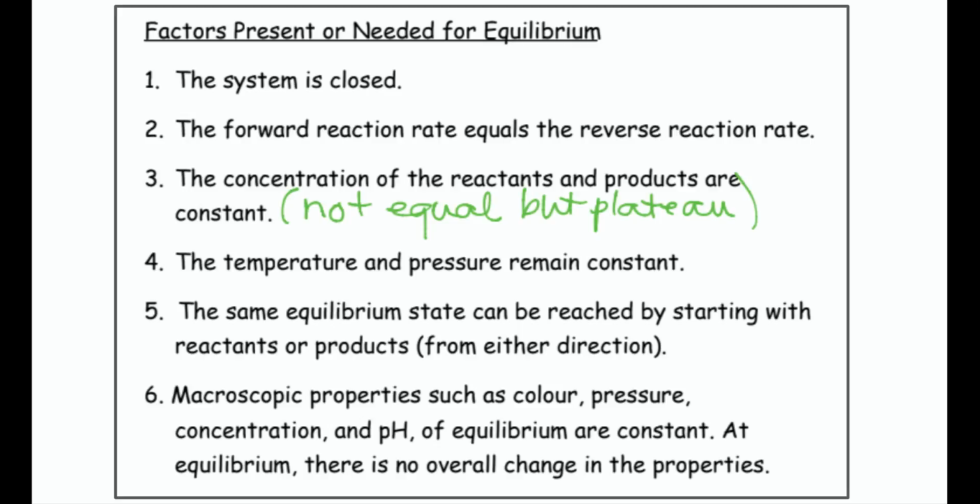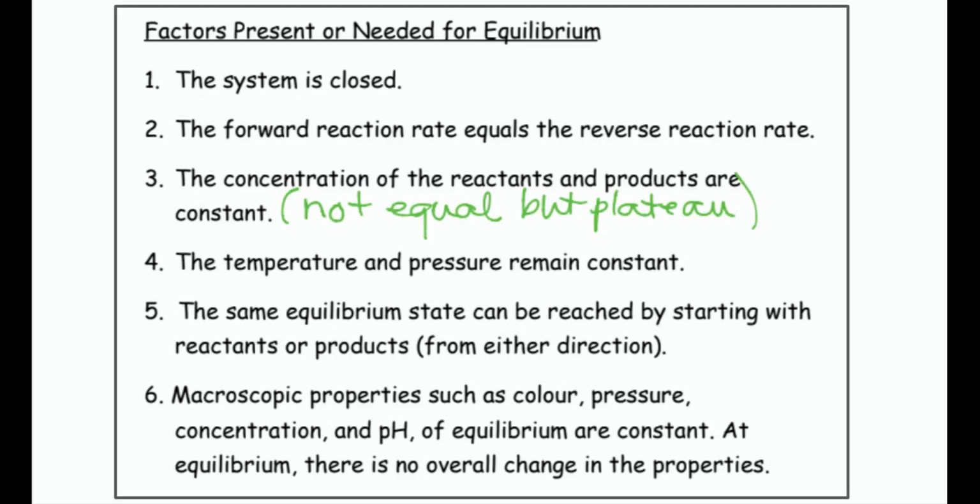And then finally, macroscopic properties. So what we can see at eye level, such as color, pressure, concentration, pH, of equilibrium are constant. There is no overall change in any of these properties once we have reached equilibrium. On the way to meeting our equilibrium, so when we saw that change in hydrogen concentration and change in NH3 concentration, the macroscopic properties are changing while you are approaching equilibrium.